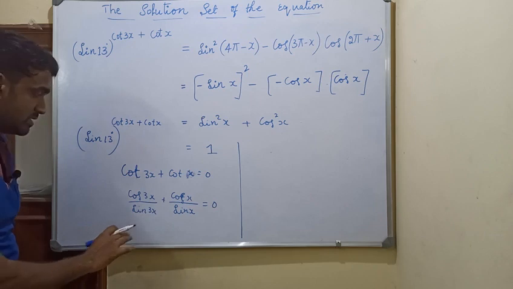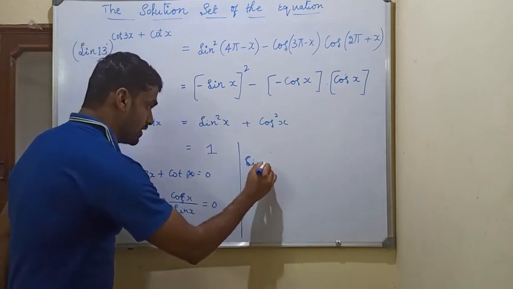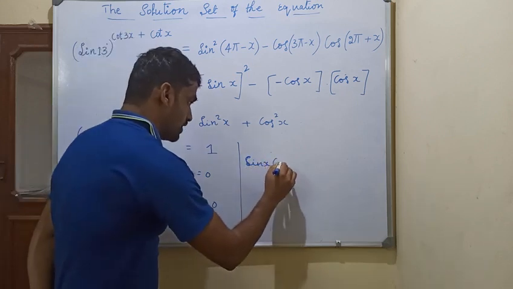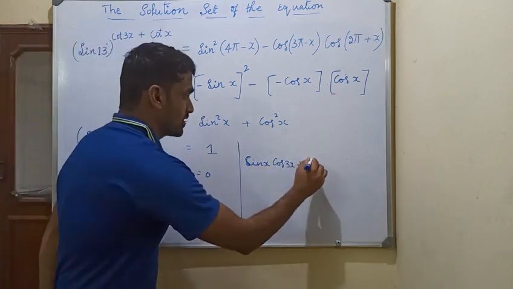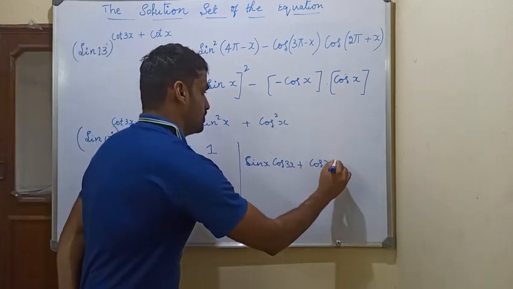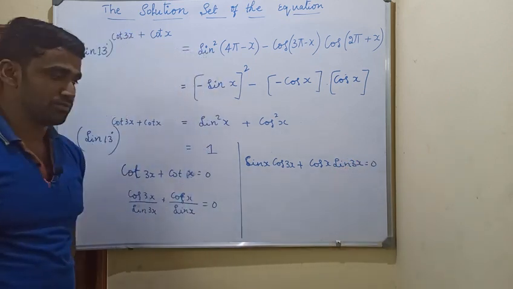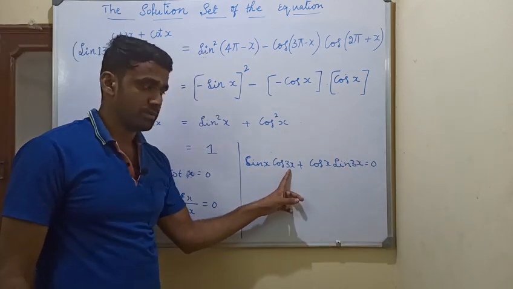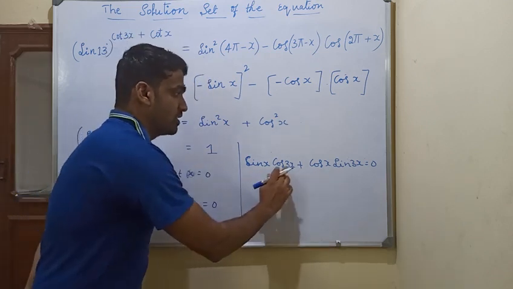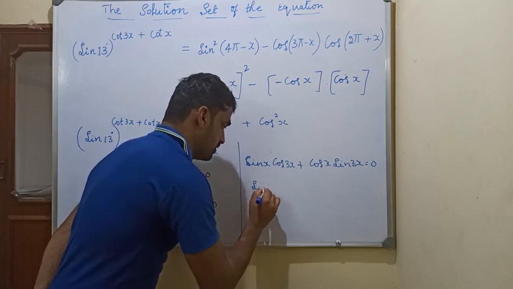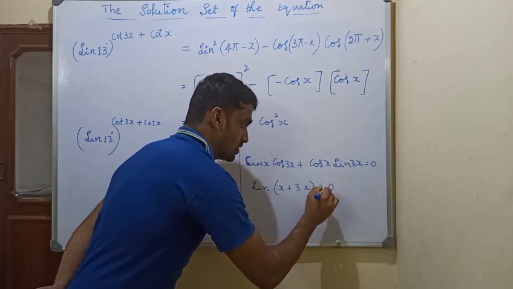Now take the LCM and simplify, you will get sin x cos 3x + cos x sin 3x equal to 0. This is in the form of sin A cos B + cos A sin B, which is nothing but sin(A + B), equal to 0.